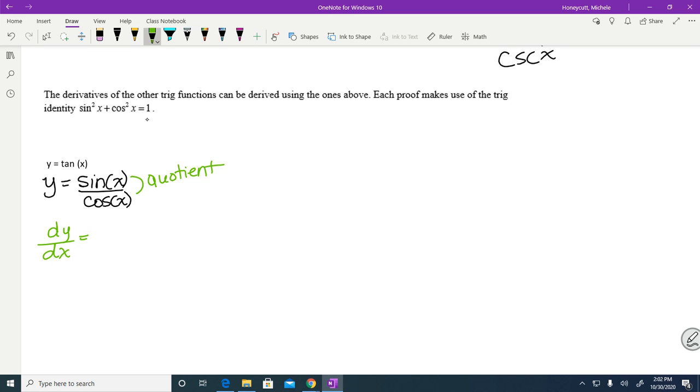So I'll start with the low, cosine. Derivative of the high, so derivative of sine is cosine. So low d high minus high, which is sine, derivative of the low, what's the derivative of cosine? That's negative sine.